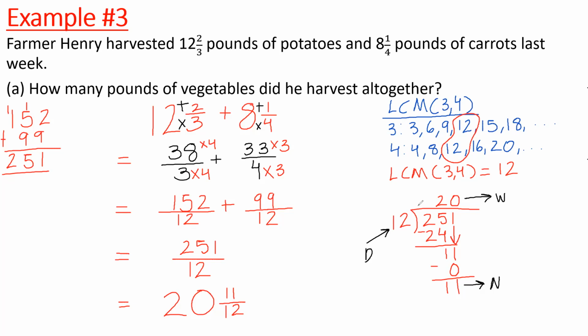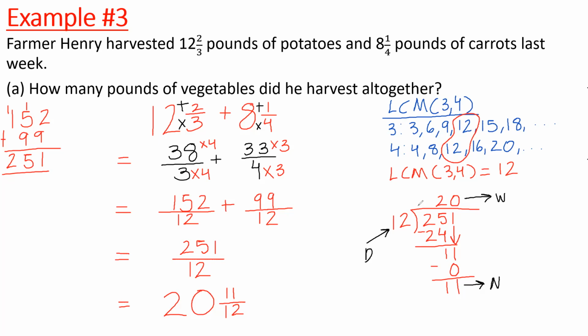Jaleel, do you understand how we got our answer? Yes, I understand. Explain how we got 20 and 11 over 12. Yes, sir. Okay, so we have to write down 12 and 2 over 3 plus 8 and 1 over 4.